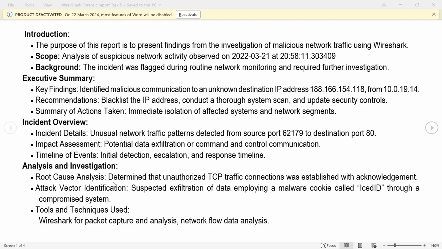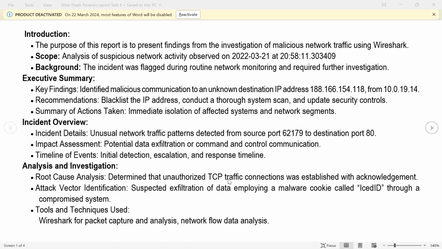Then it went on into the analysis and investigation. So root cause analysis determined that there were unauthorized TCP connections, and that this connection was established with acknowledgement. All right, it was unauthorized. Then there's the other one, attack vector identification.